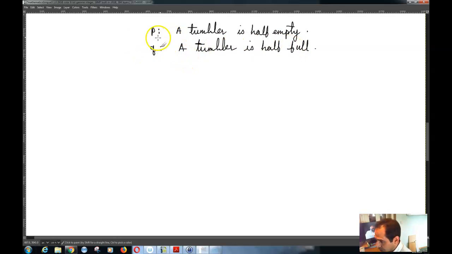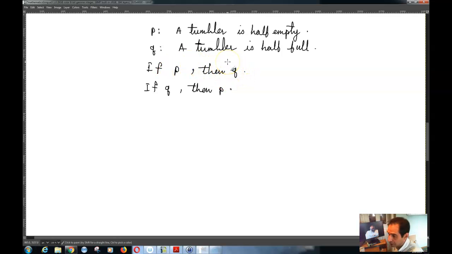Suppose that if P, then Q, and if Q, then P. If you have both of these, basically, if P happens, then Q happens, and if Q happens, then P happens, we technically say P if and only if Q.